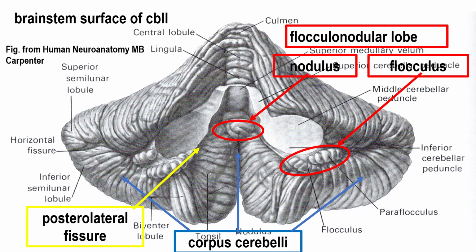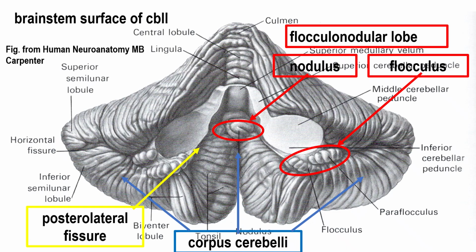The flocculonodular lobe consists of the nodulus, which is part of the cerebellar vermis located in the midline, and the flocculi connected to it by a slender stem-like structure.